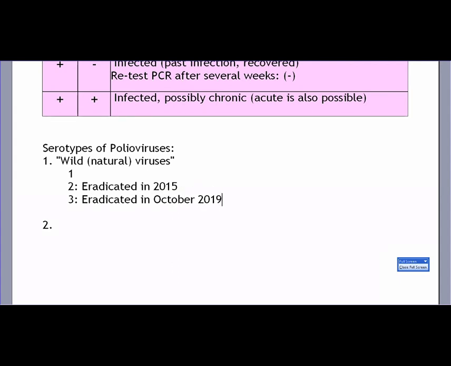I mean, in October of last year, so 6 months ago. And this was a great medical achievement. Serotype 3 has been eradicated. So currently, the only wild natural poliovirus that we have in the world is the serotype 1.